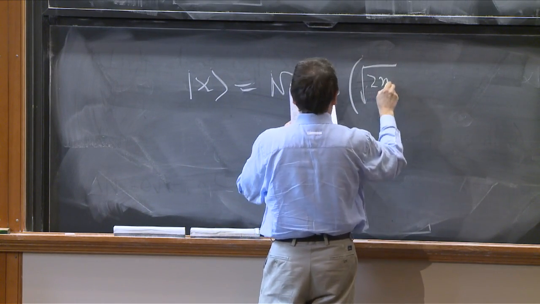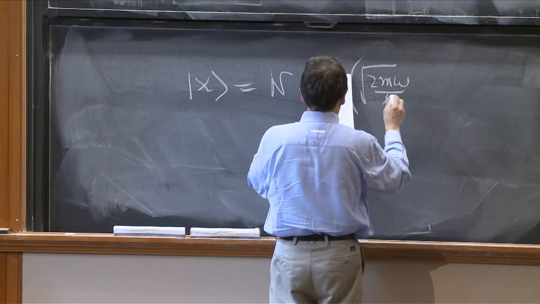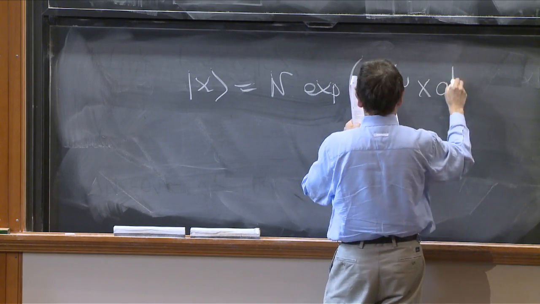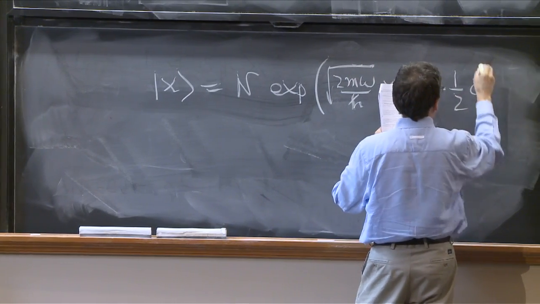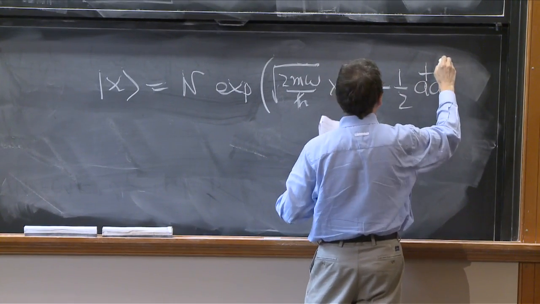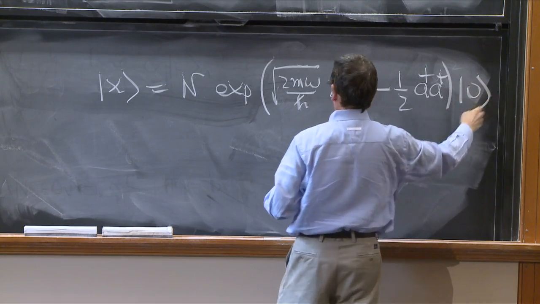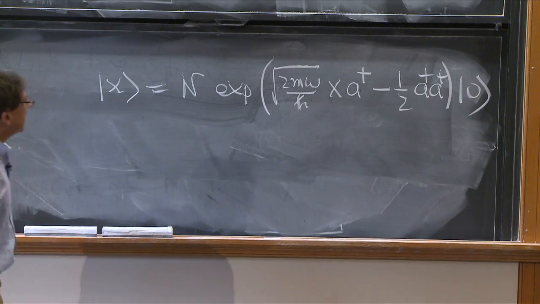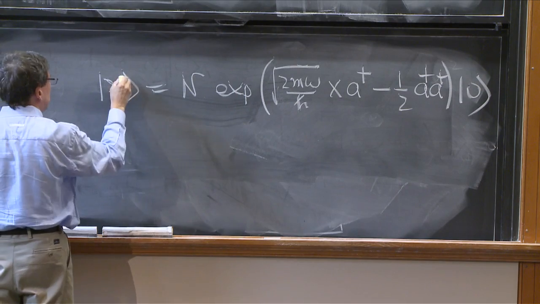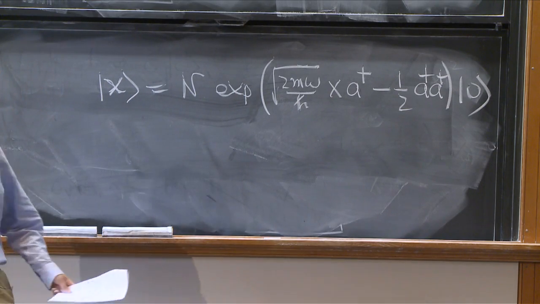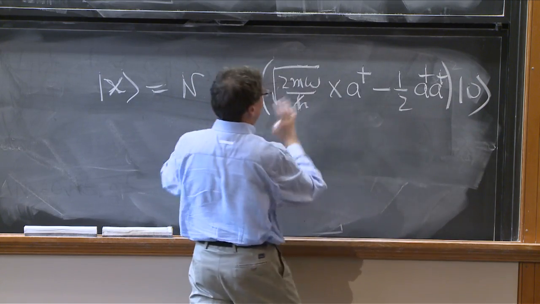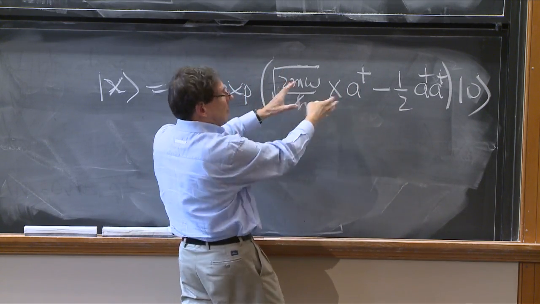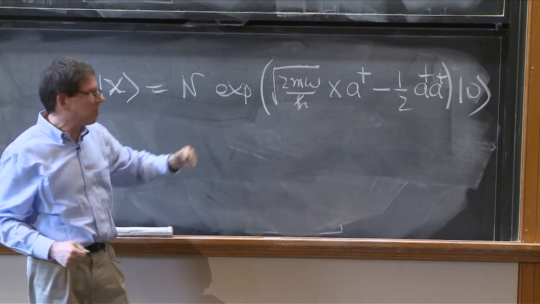Exponential of square root of 2m omega over h bar x a dagger minus 1/2 a dagger squared acting on the vacuum. This is the claim that this is the x position state. So basically, you have to squeeze first and then translate this thing to the x position.